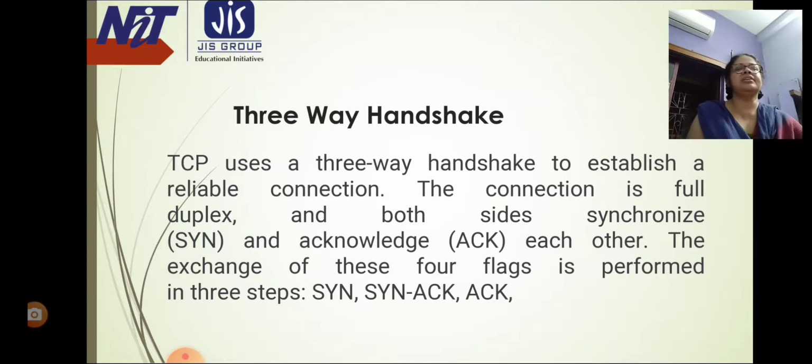Also, it uses congestion control mechanisms. Multiplexing is one of the characteristics. TCP does multiplexing and demultiplexing at the sender and receiver ends respectively, as a number of logical connections can be established between port numbers over a physical connection.